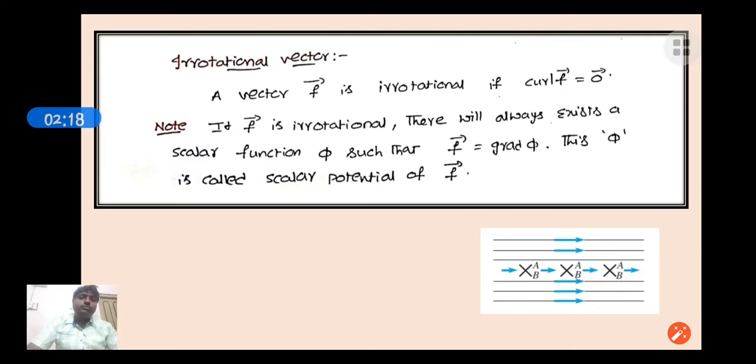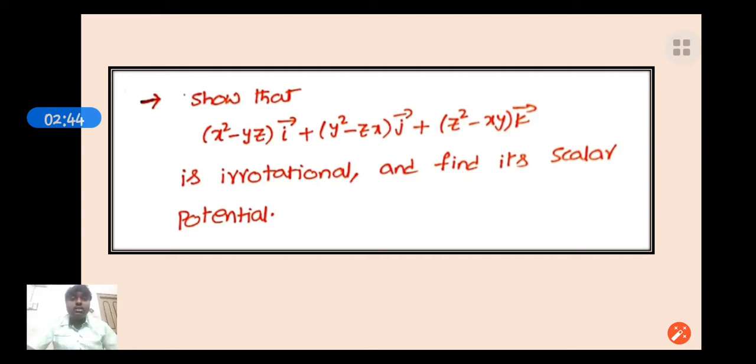Such a vector point function is called an irrotational or conservative vector field. For such vector fields, you have to calculate the corresponding scalar point function phi such that f bar is equal to grad phi. This will be explained with the help of an example.